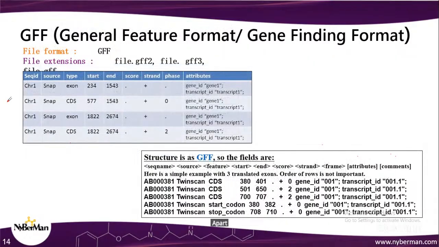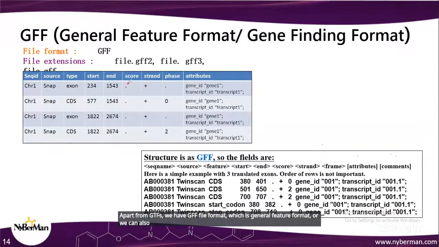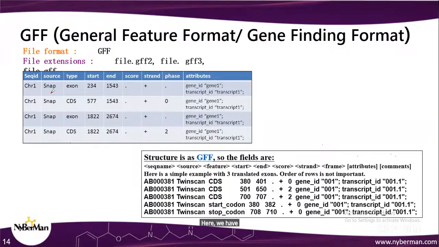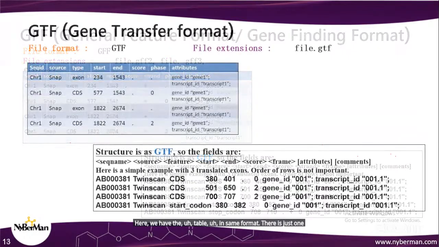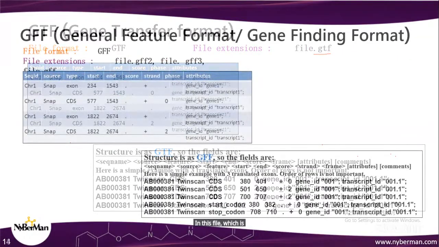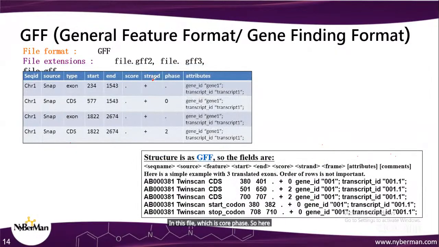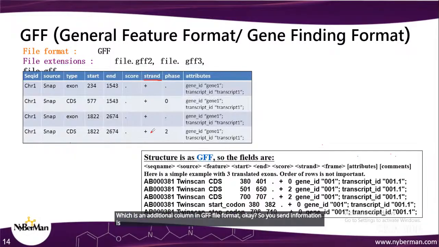Apart from GTF, we have the GFF file format, which is general feature format, or we can also say gene finding format. Here we have the table in the same format. There is just one change in this file, which is score phase. So in the GFF file, we have the strand information, which is an additional column in the GFF file format. Strand information is also important if we are studying gene expression and the position of genes.